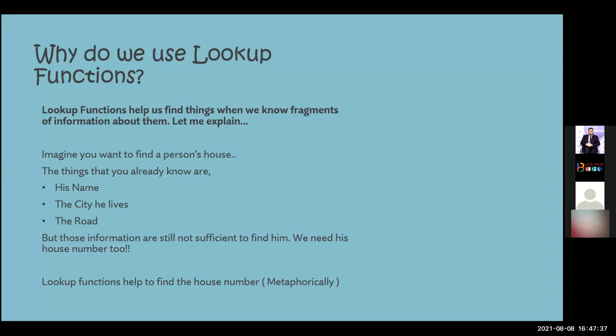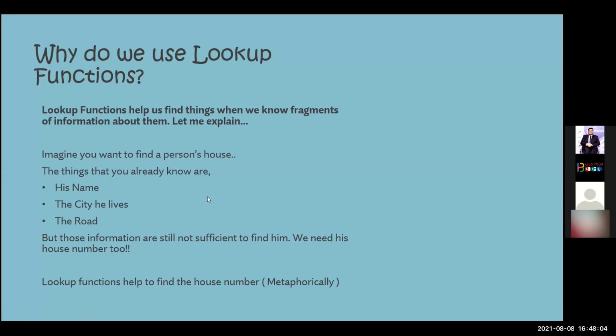We want to find a person's house, but we know his name, the city he lives in, and the road. But that information alone is not sufficient to find the person's house. We need the house number too. So the lookup functions are like that. Metaphorically, it helps us find the house number.